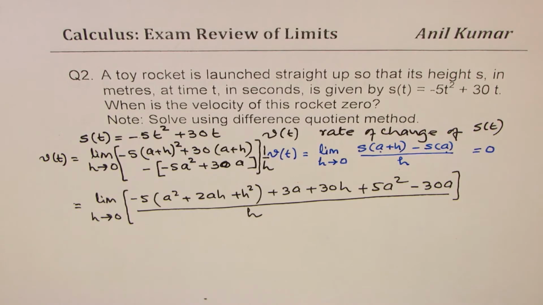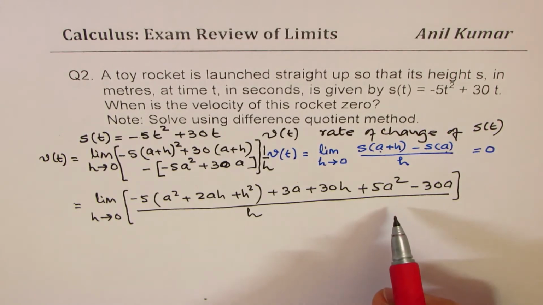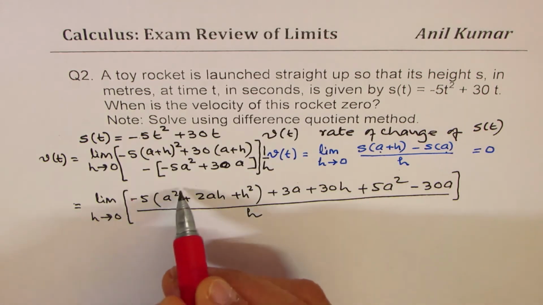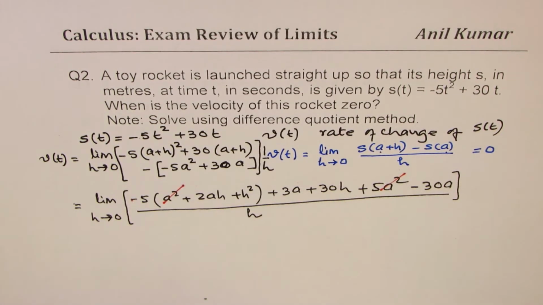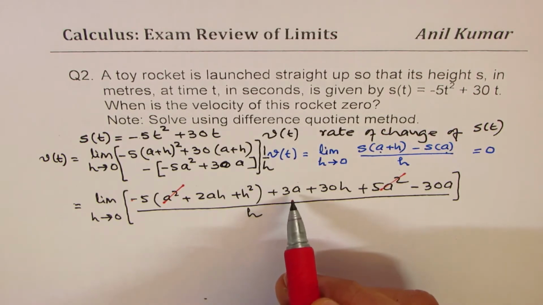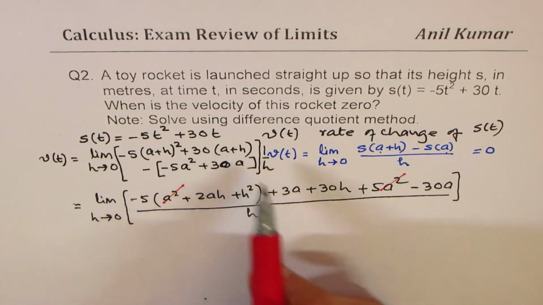Now you'll find that when you do this, some terms will cancel, especially 5a square minus 5a square, this cancels. Is it okay? And also we have 30, I wrote plus 3a, let's see, a plus h, 30, right?